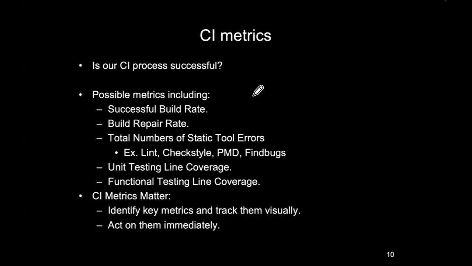So what I'm saying on this slide here is it's very important that you maintain some sort of metrics on your CI pipeline, and that you track those metrics. And the idea of any metrics, of course, is that it will help you to identify whether whatever you're analyzing, which in this case is our CI pipeline, is successful or not. And if not, how can we improve it?